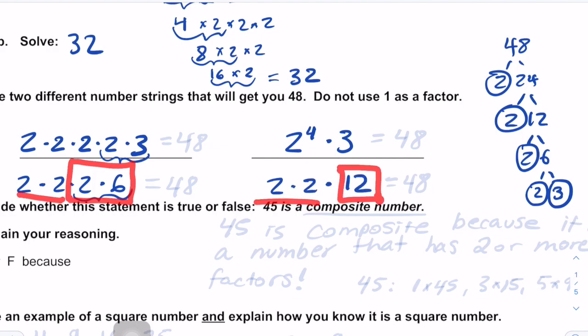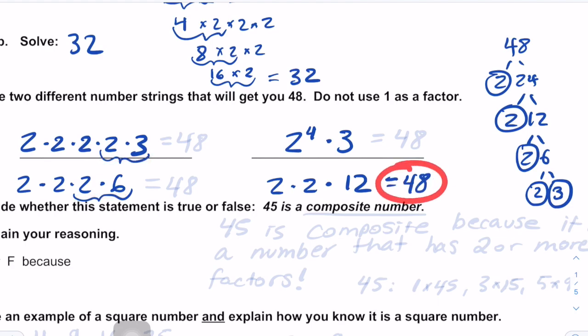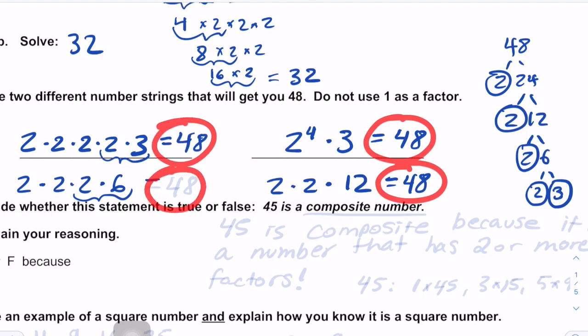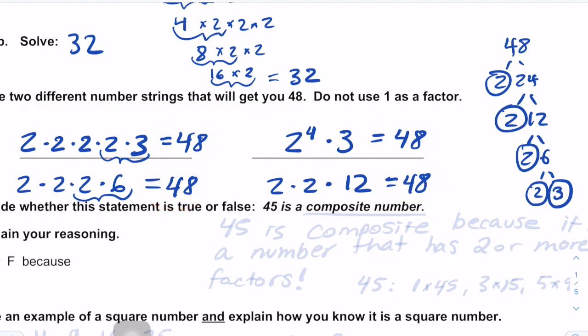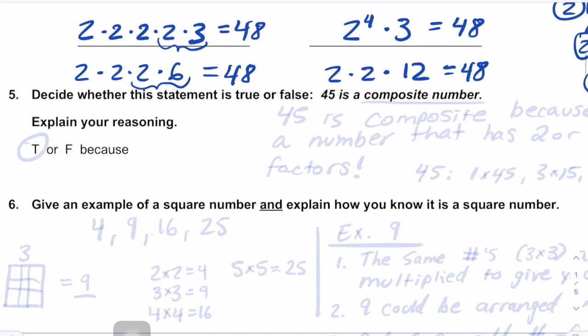So any way like that, as long as you are multiplying one pair of numbers at a time, your expression should still equal 48 for all answers. So these are all different expressions. And like I said, if you check in your calculator, you should see that when you plug everything in, it should equal 48.